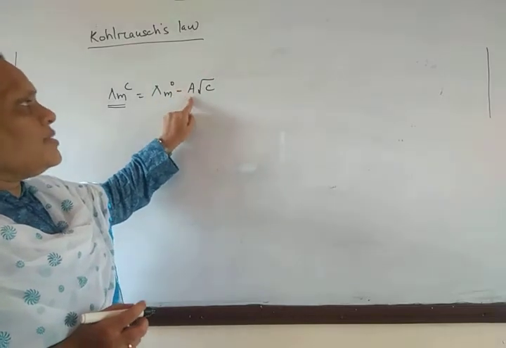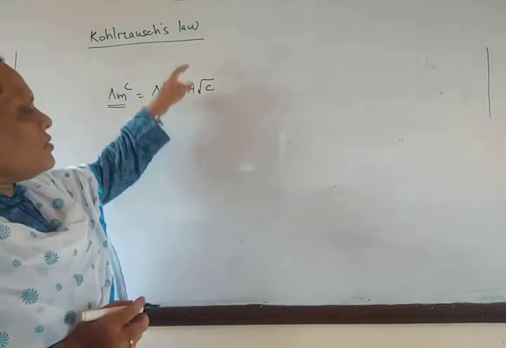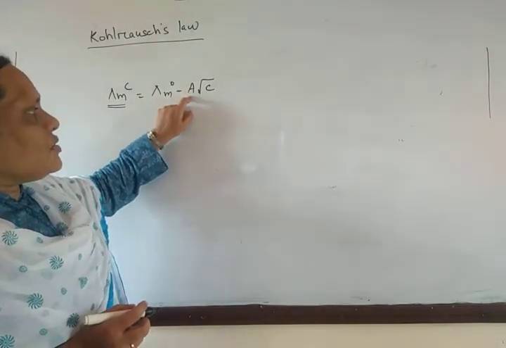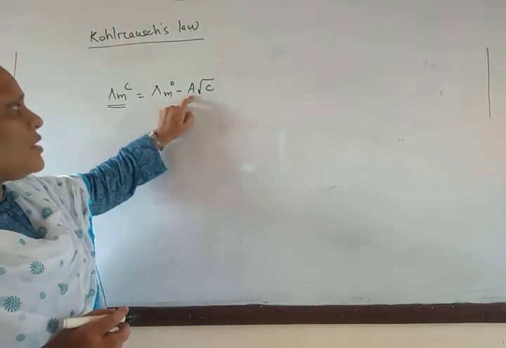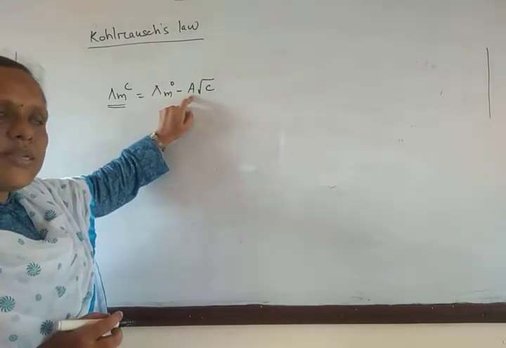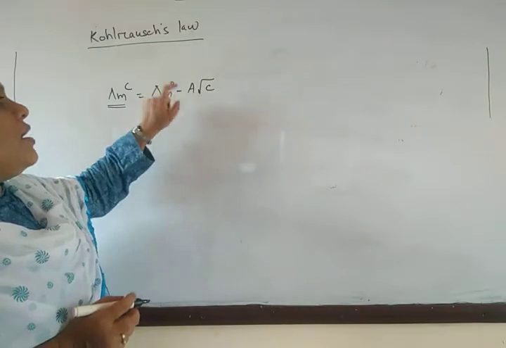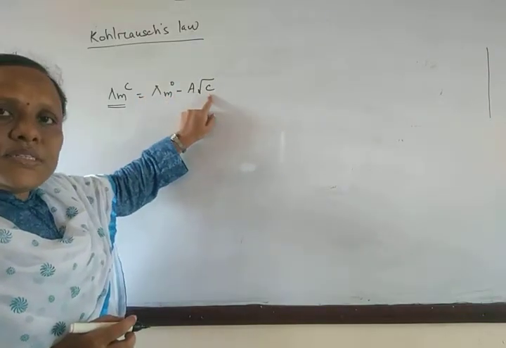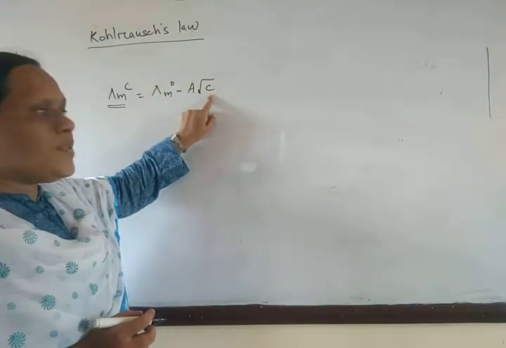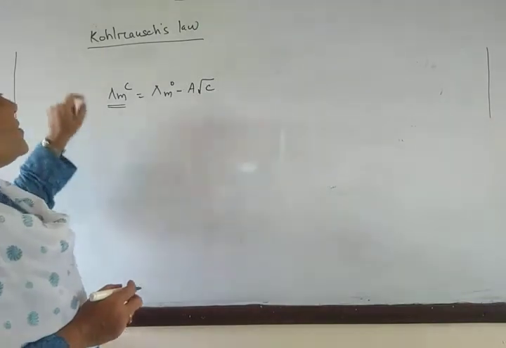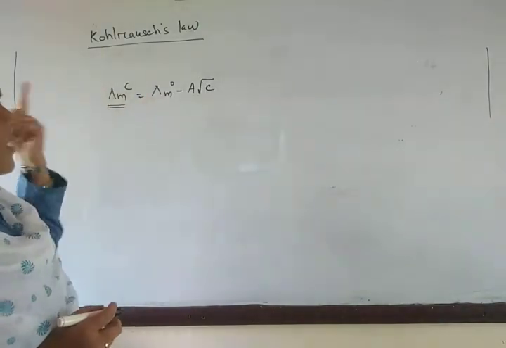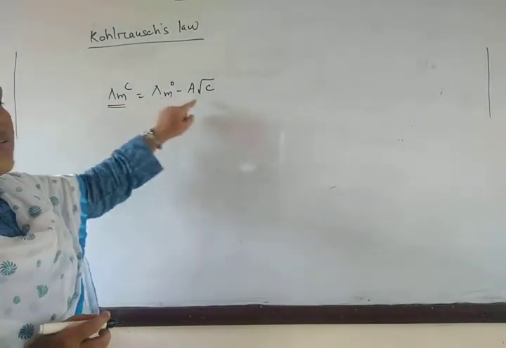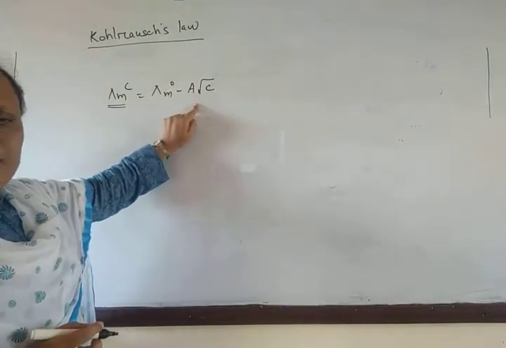A is a factor that depends on the nature of the solvent and the electrolyte, and c is the concentration of the electrolyte. So this is a straight line type graph, linear.